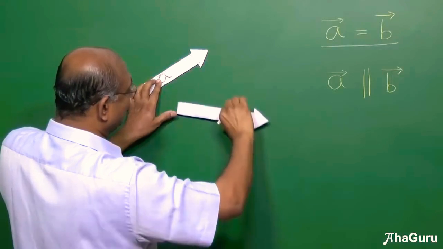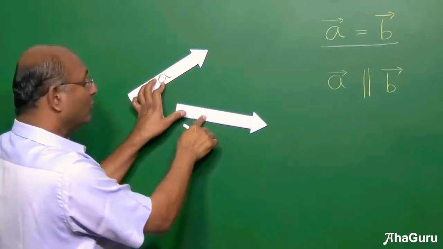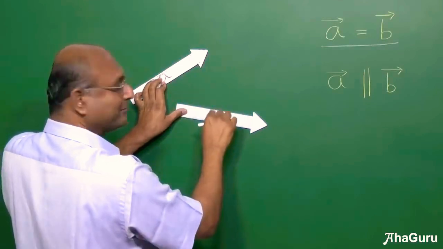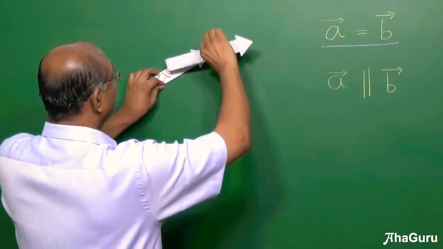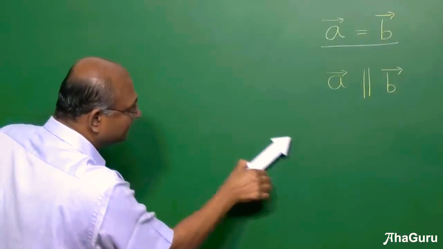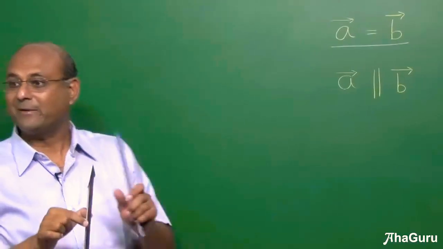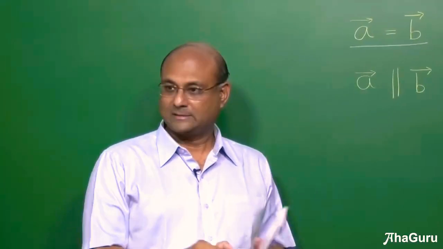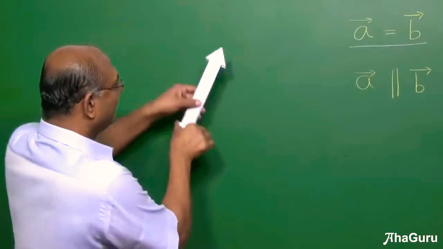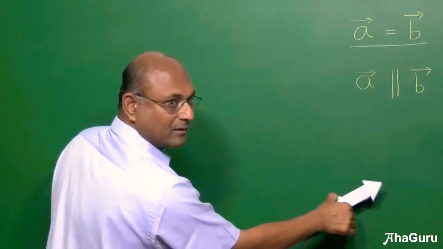But if I tilt this vector, they have the same length, but they are not equal because they don't have the same direction. If I took this vector and moved it anywhere, I still get the same vector A. Is that clear? If I took this vector and, keeping it parallel, I just simply move it.